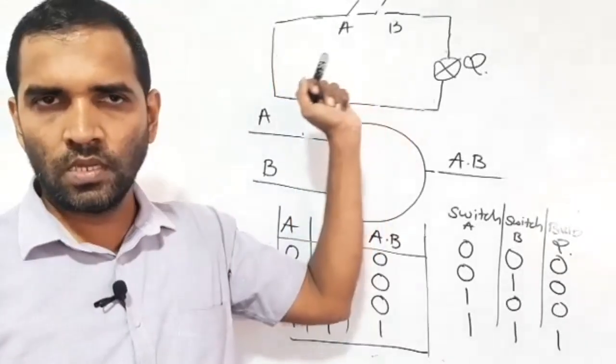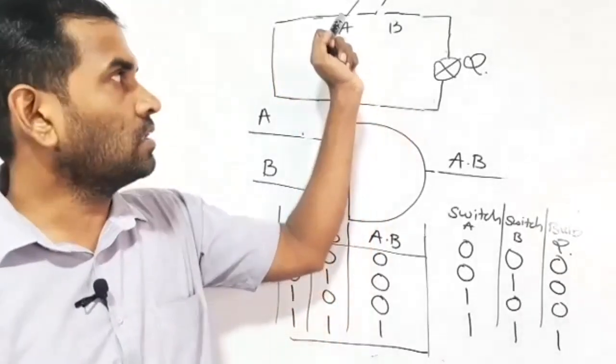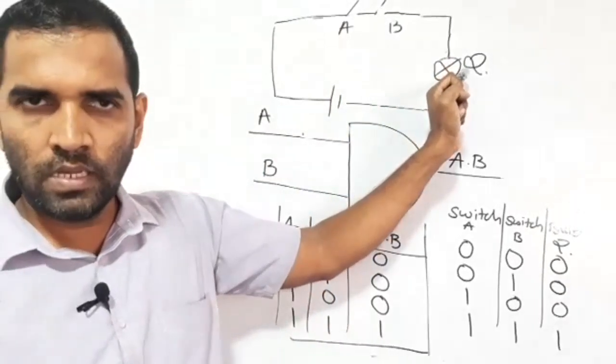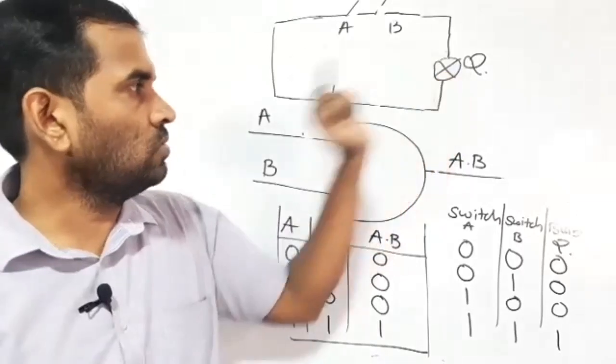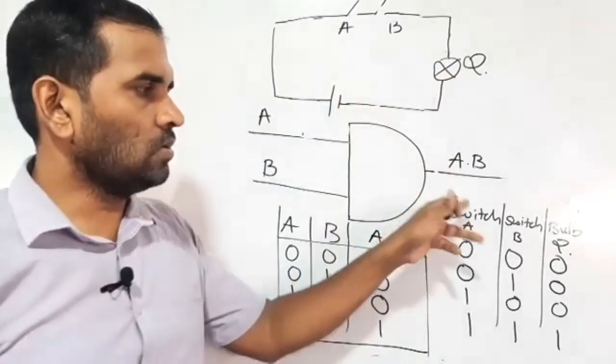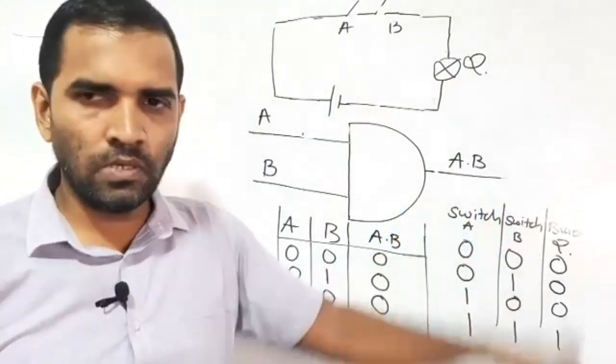Keep both switches in the off state, like this. There is a bulb. I have labeled it as Q. This is the battery. And here also switch A, switch B, bulb Q.